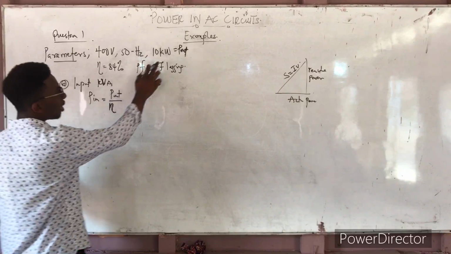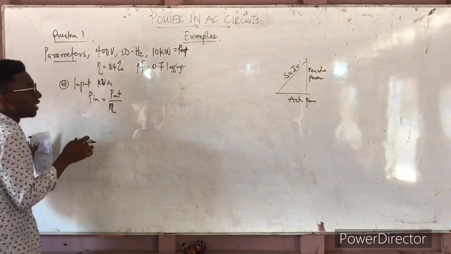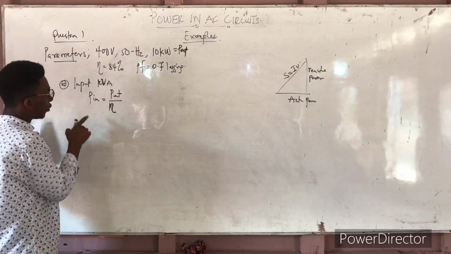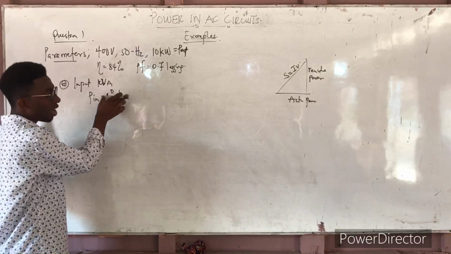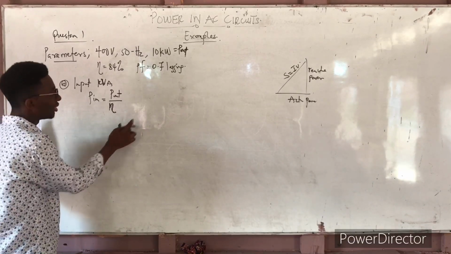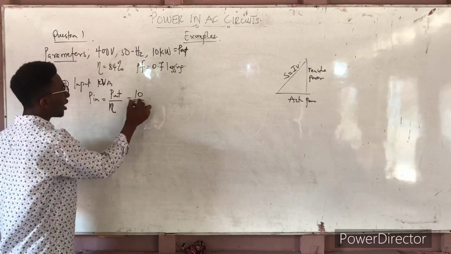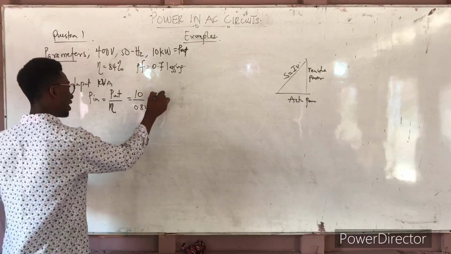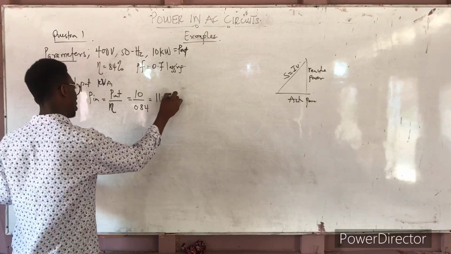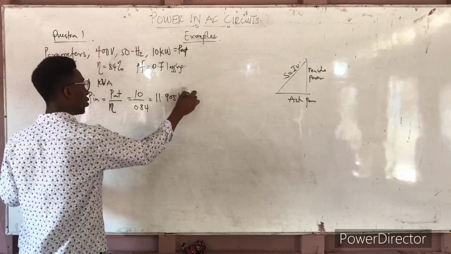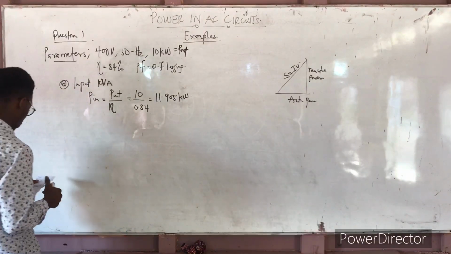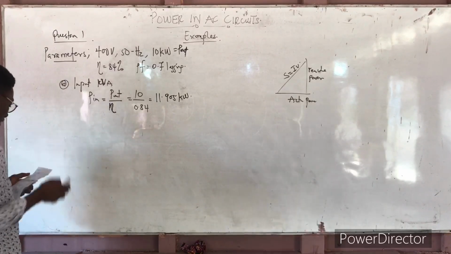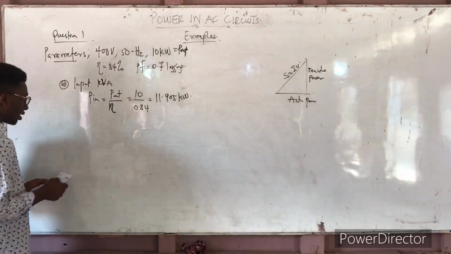So we get 10 divided by 0.84, which gives us 11.905 kilowatt.